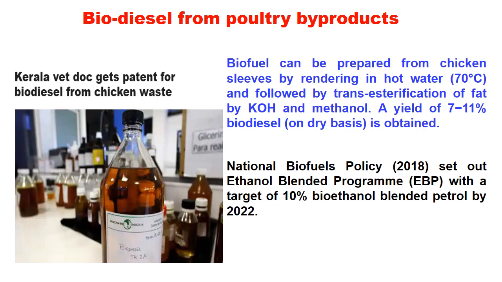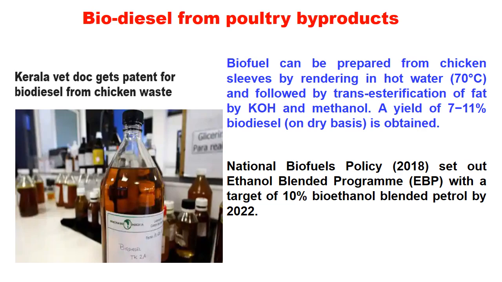This is a special program for adding 10% bioethanol in petrol, and based on that, biofuel can be prepared from chicken sleeves. Earlier I mentioned that chicken sleeves are where the skin and feather are removed together. If we undertake rendering of this sleeve part in hot water, we can separate the fat, and this fat can undergo trans-esterification by treating with potassium hydroxide and methanol.